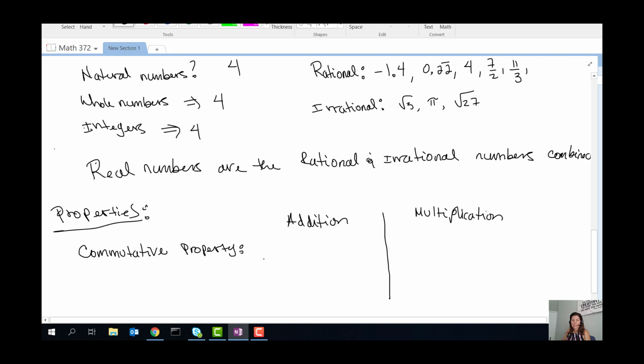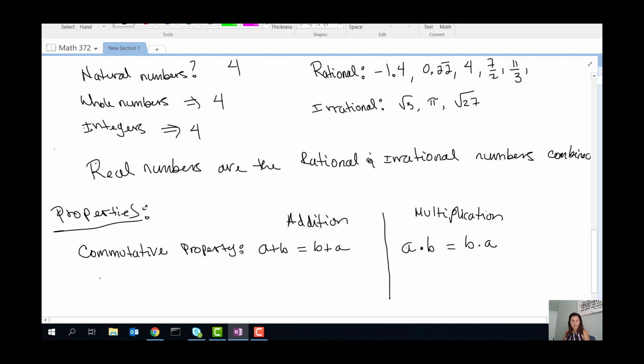So I'm going to separate them. So the commutative property is if I have A plus B, that's the same thing as saying B plus A. So the order in which you add them doesn't affect the outcome. For multiplication, A times B is the same as B times A. So that's why when we say 3 times 4 is the same thing as 4 times 3, which is 12. So that's the commutative property.